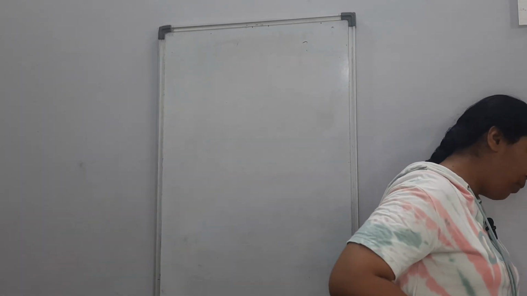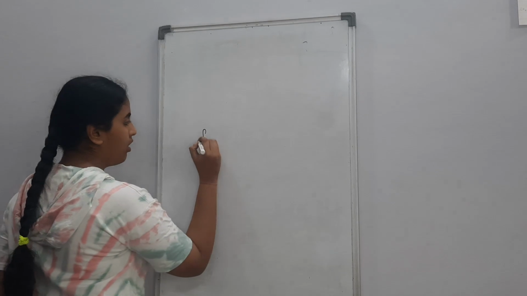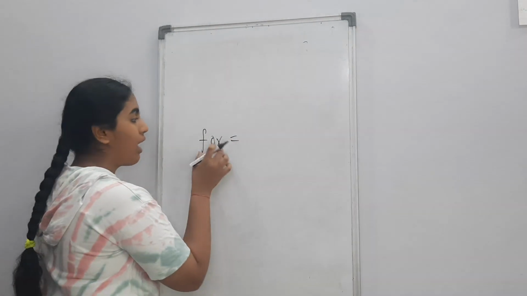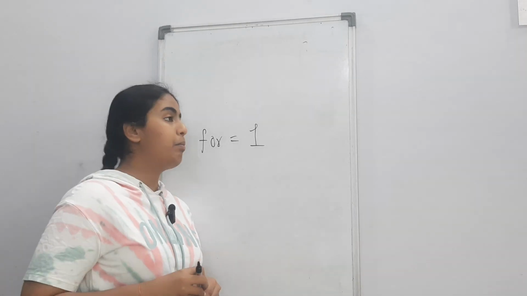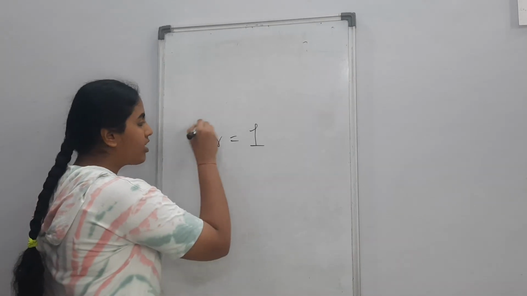After tokens, we come to what keywords are. Now, keywords are basically predefined words in Python that have their own meanings and cannot be used for any other purpose than the meaning that they have. For example, if I were to use for as a variable name, let's say I want to assign a value of 4 to for, Python wouldn't let me do that because for is a keyword.